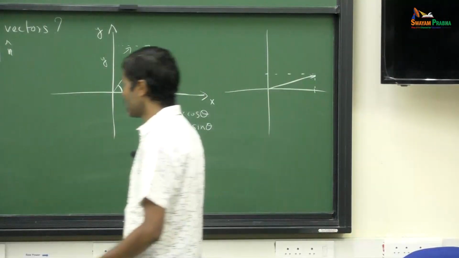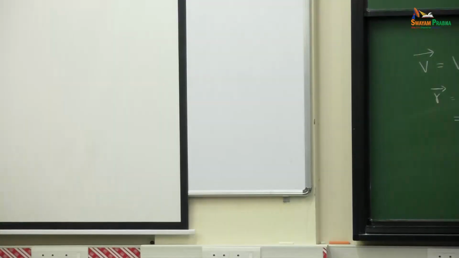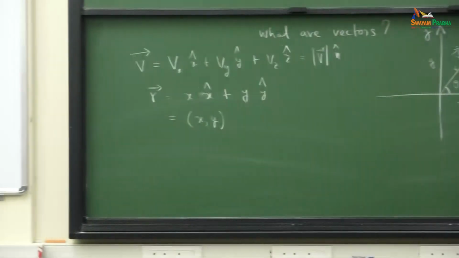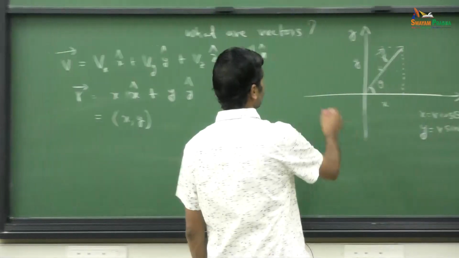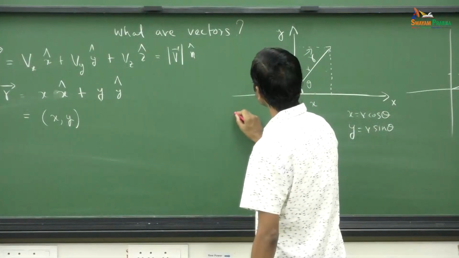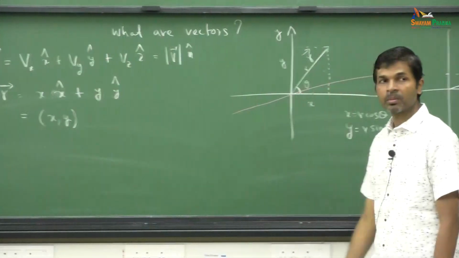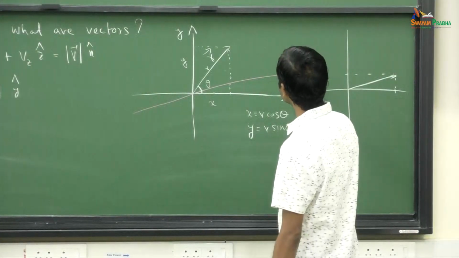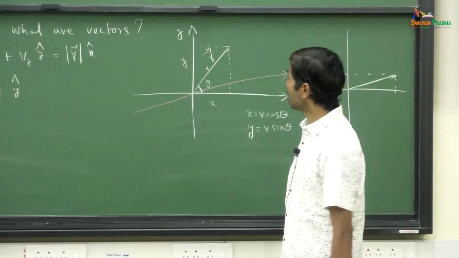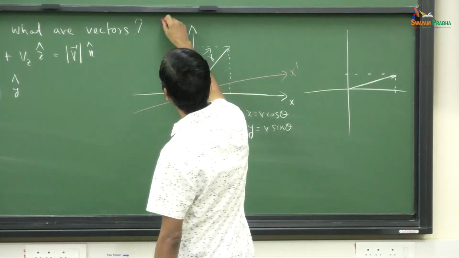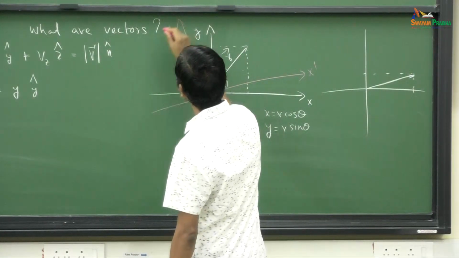For example, suppose I will perform a rotation. I will say this is my x-axis. So this is my old axis, but I have a new coordinate system. This is my new x-axis. I will call this x prime axis, and then this is my new y-axis, y prime.